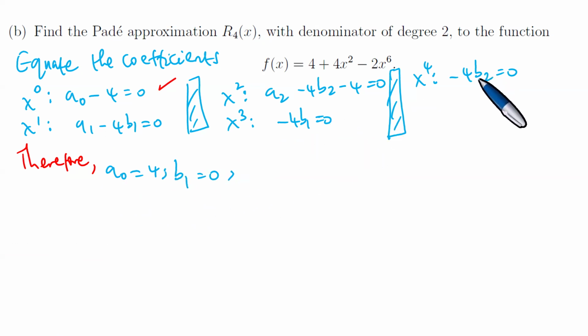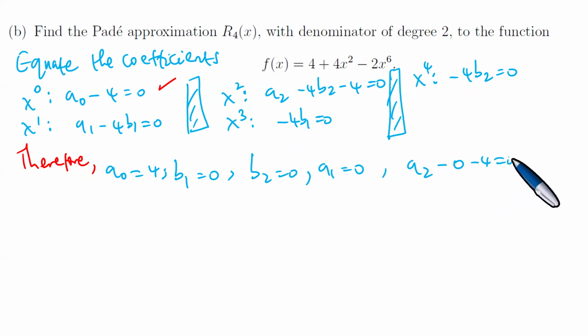From this one, we get that B2 is 0, dividing by -4. If B1 is 0, you plug it into this. It means, therefore, that A1 is also 0. If B2 is 0, you plug it in here: A2 minus 0 minus 4.